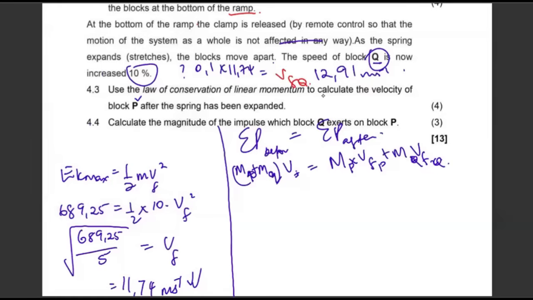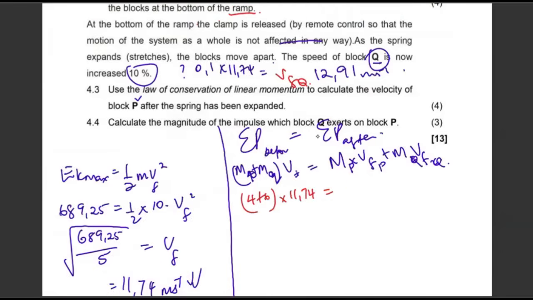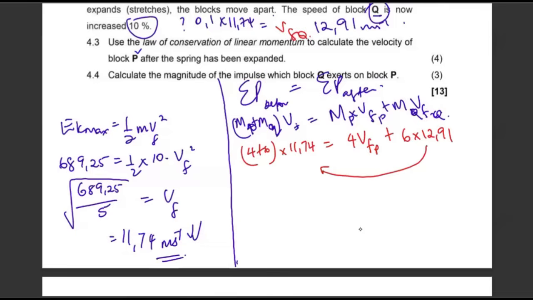Then let's do the substitution. That's 4 plus 6 multiplied by 11,74 is equal to the mass of P, which is 4, multiplied by the final velocity of P, plus the mass of Q, which is 6, multiplied by 12,91. Let's transpose everything to that side. 10 multiplied by 11,74 gives 117,4.